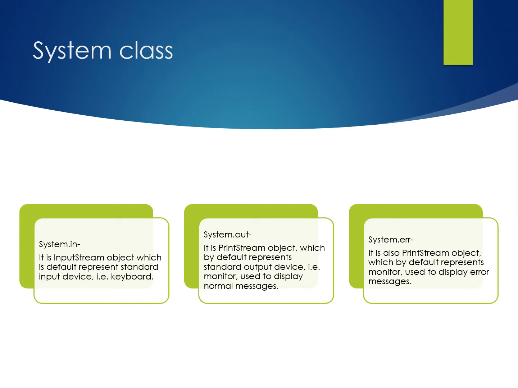For example, System.in is an input stream object which by default represents the standard input device, for example the keyboard, and System.out represents a print stream object which by default represents the standard output device, for example the monitor, which is used to display normal messages. Similarly, System.err is also a print stream object which by default represents the monitor, but it displays error messages.